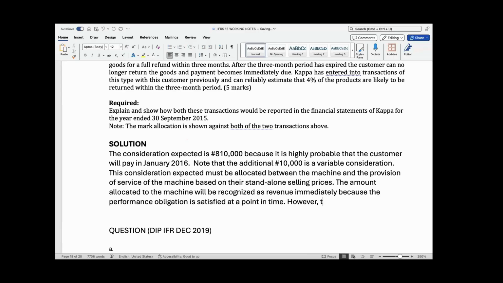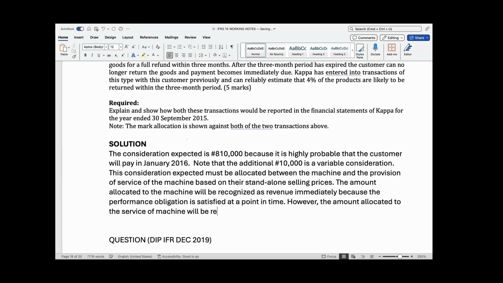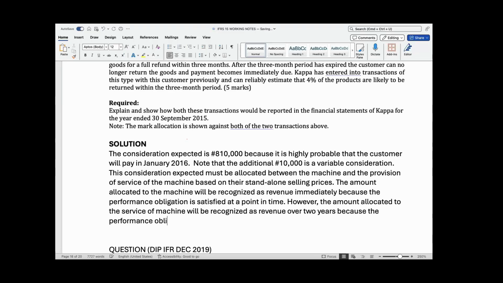However, the amounts allocated to the service of a machine will be recognized as revenue over 2 years because the performance obligation is satisfied over time.